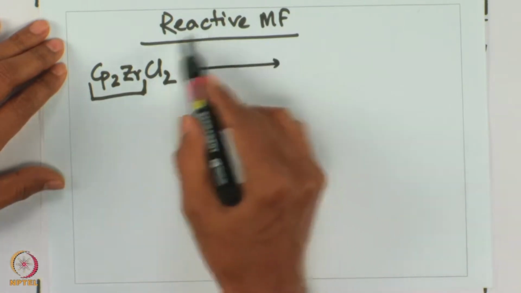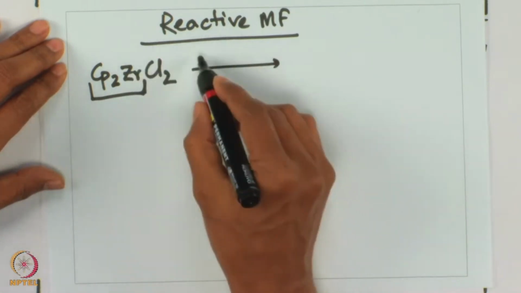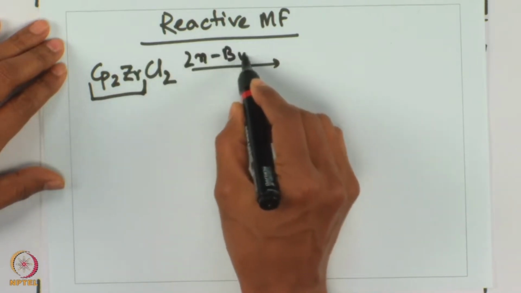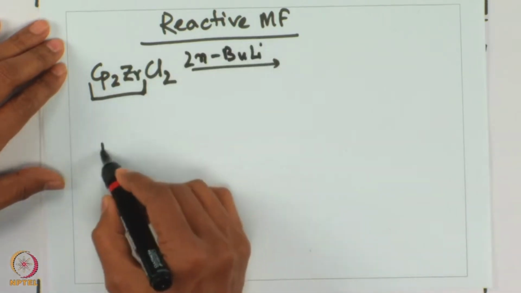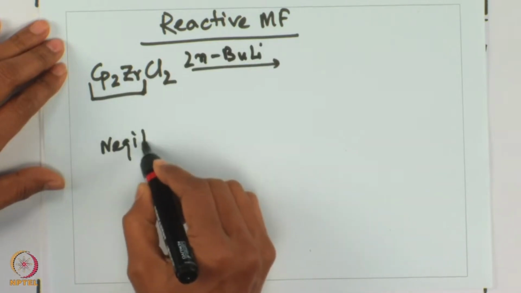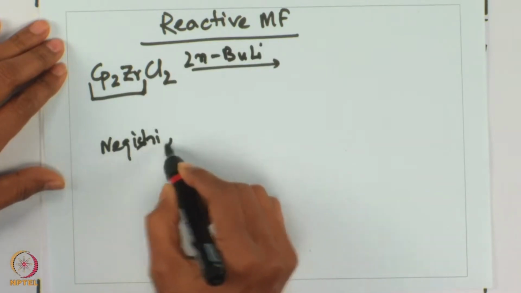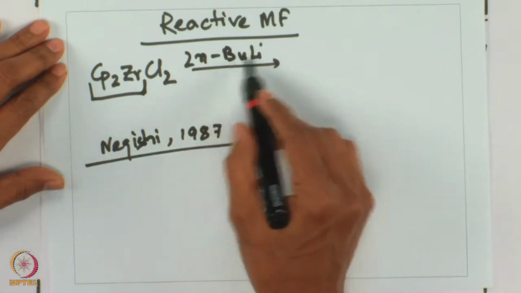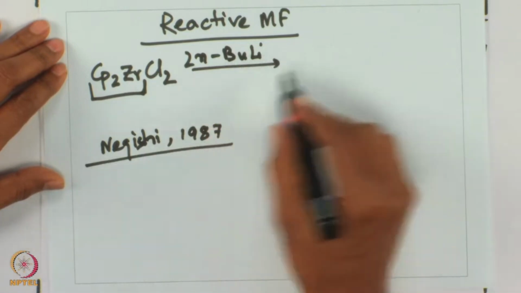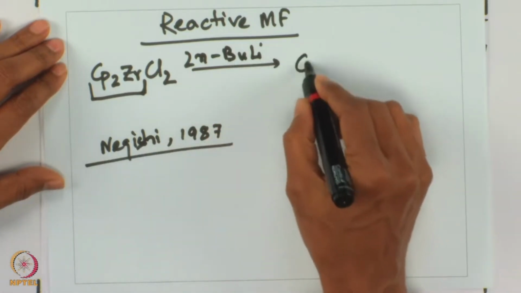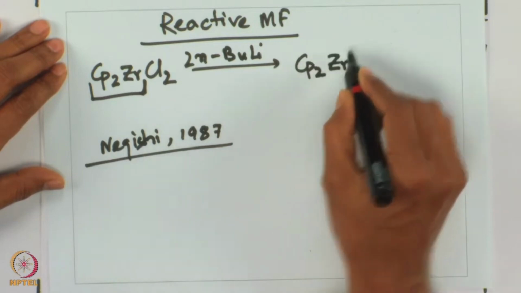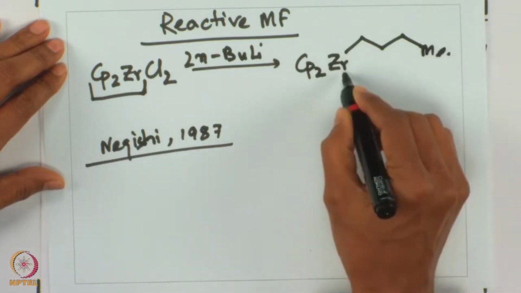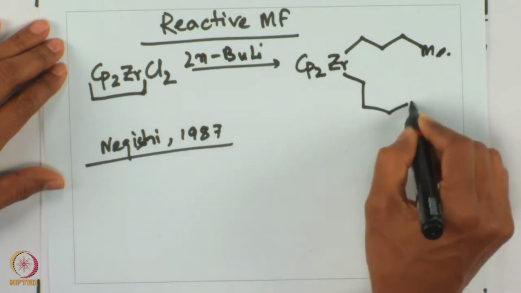For this purpose, as you can see that two chlorides are there, we can take two equivalents of n-butyl lithium. This is reported by Negishi in 1987. Two equivalents of n-butyl lithium can be reacted to give you the Cp2 zirconium dialkyl intermediate, right.